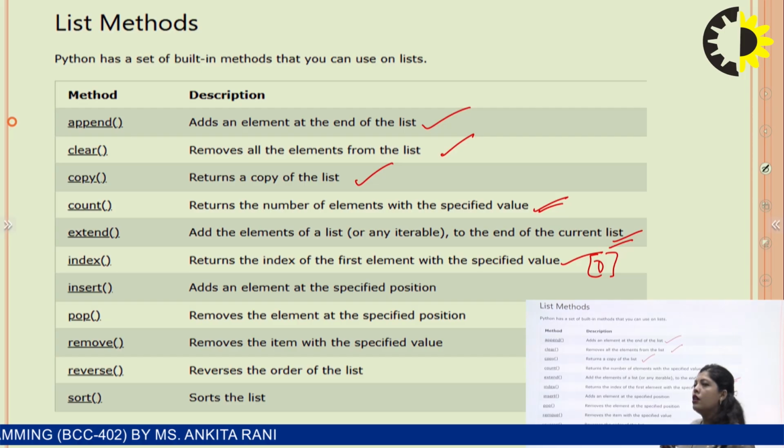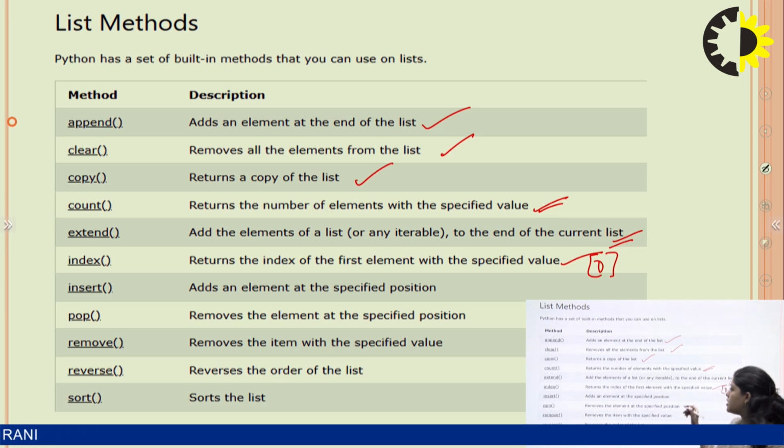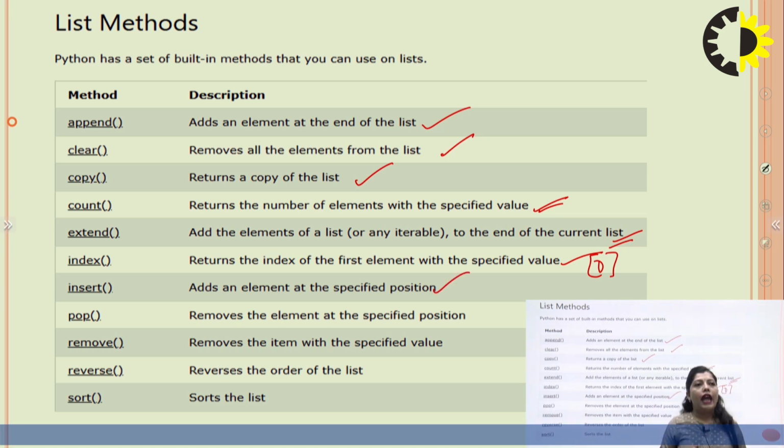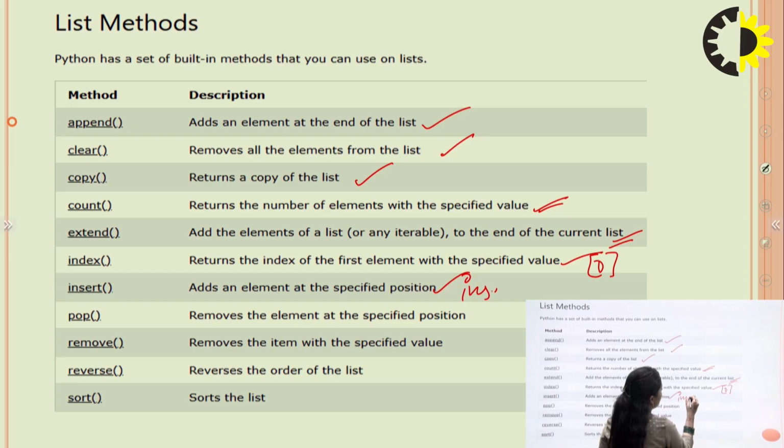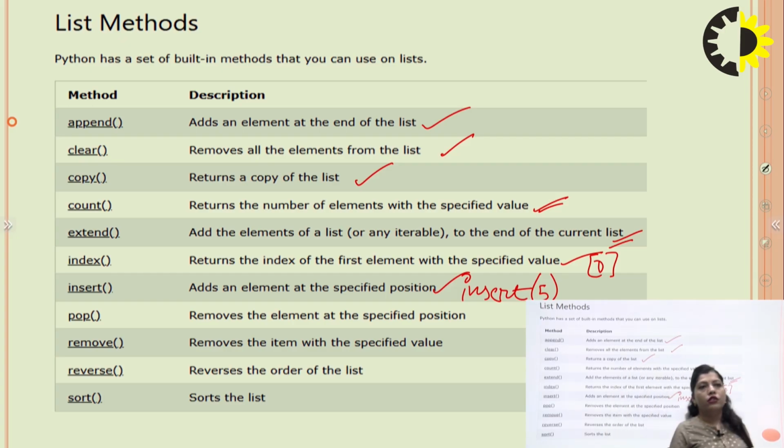The first element is stored at index 0. Next method is insert. Insert adds an element at the specified position. For example, we can use the method insert at value 5. So at the specified position, you can insert the element.